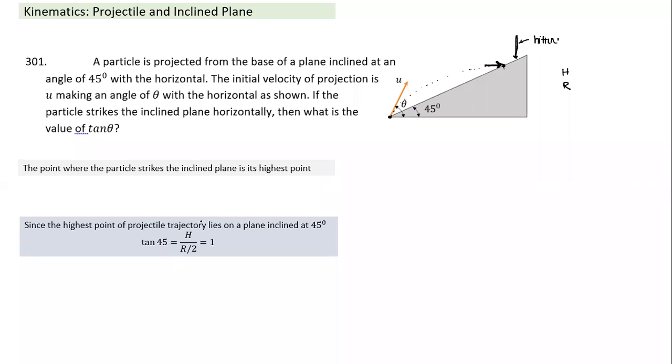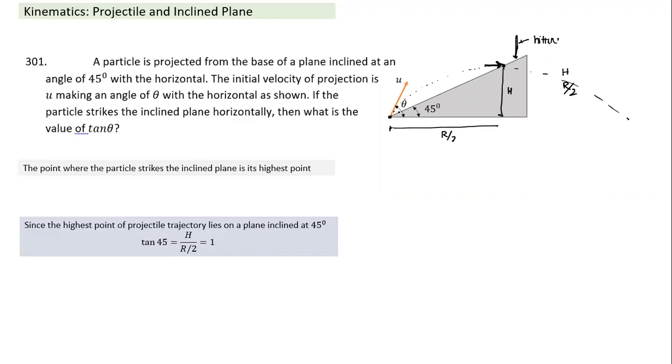Since the highest point of the trajectory lies on the plane inclined at 45 degrees, h by r by 2 is equal to tangent of 45. The highest point has x coordinate r by 2 and y coordinate h.